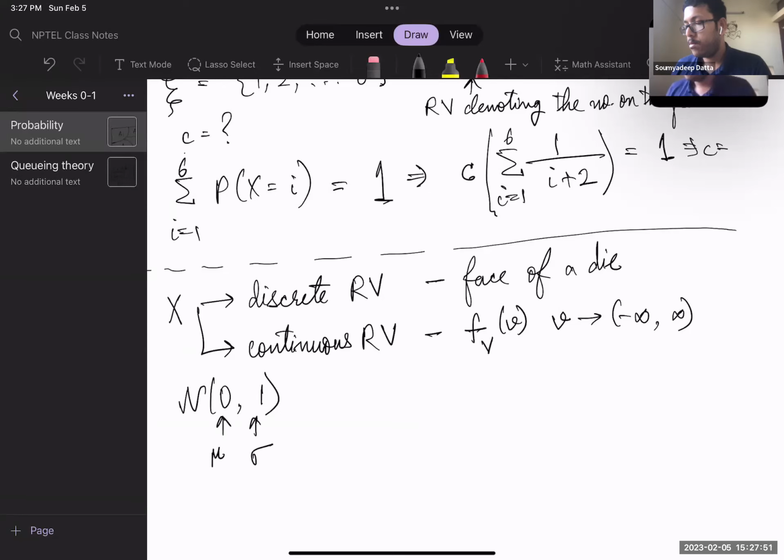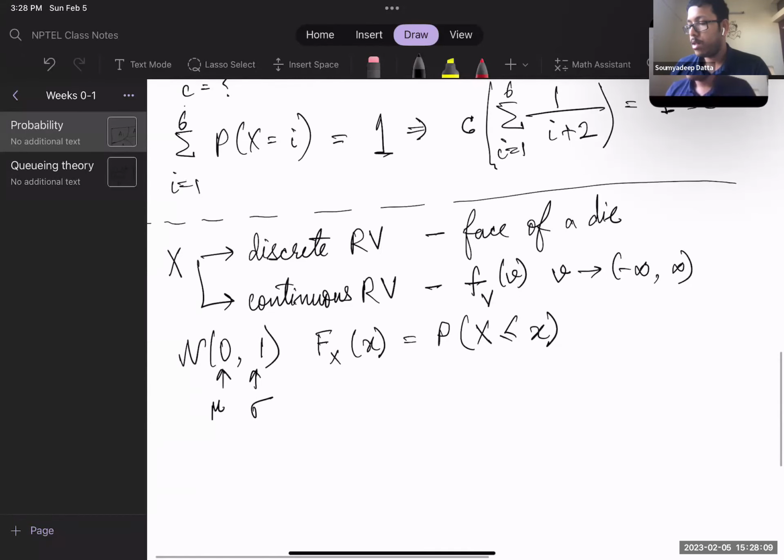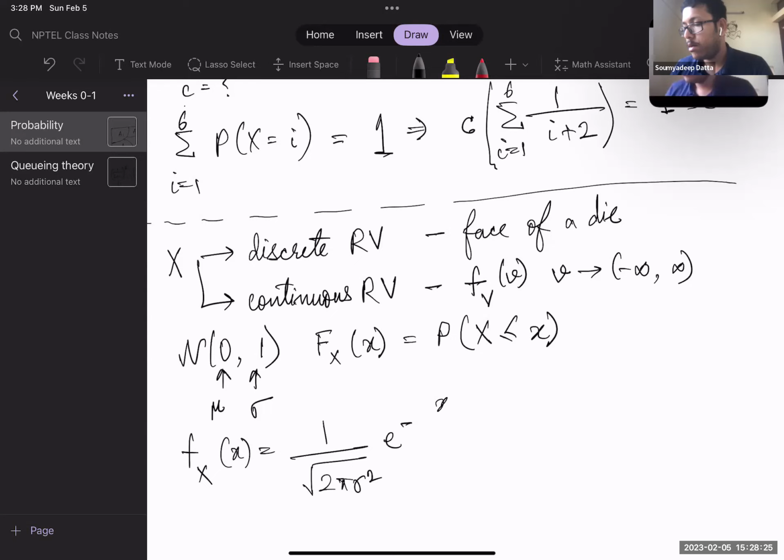So what is the CDF of this function? The CDF is defined as the probability that the variable x is less than or equal to a value x. And the PDF of a Gaussian random variable is 1 by root over 2 pi sigma square, e to the power minus (x minus mu) whole square by 2 sigma square.